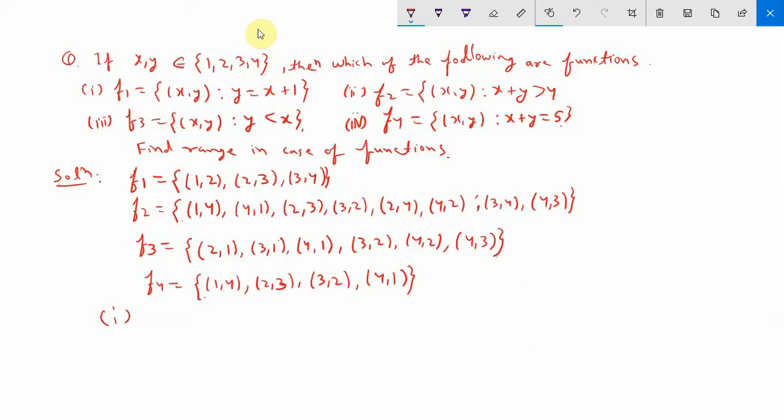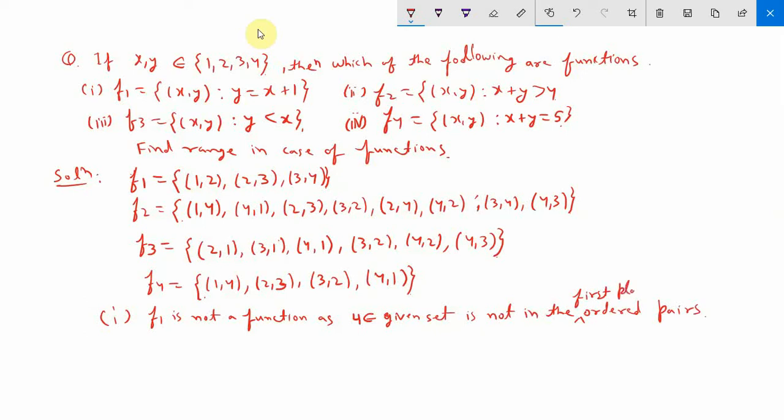So F1 is not a function for the given set, as 4, which is an element of the given set, is not in the first place of the ordered pairs. That is, 4 has not any image.